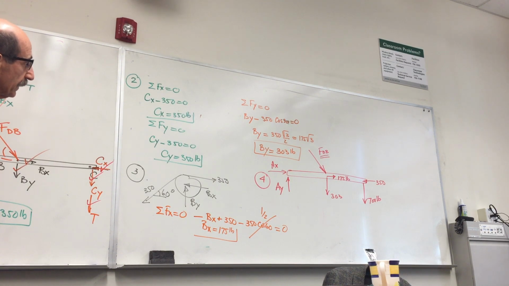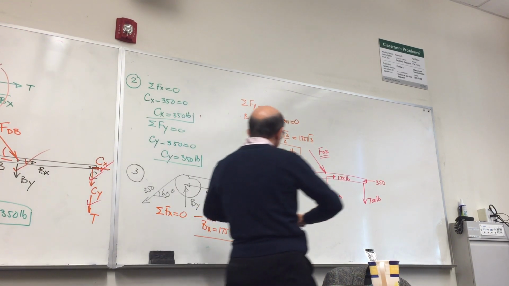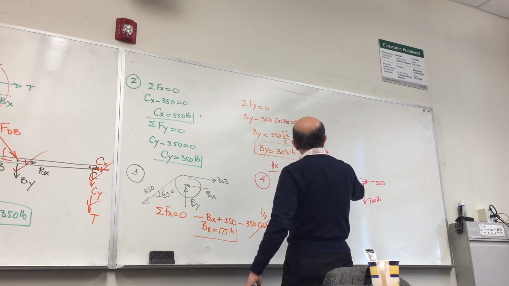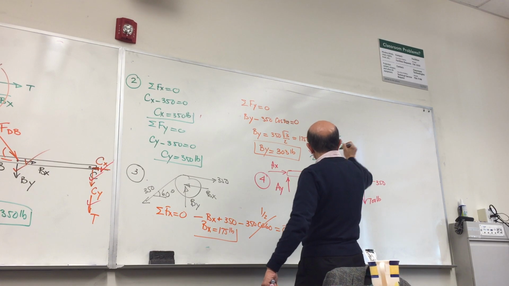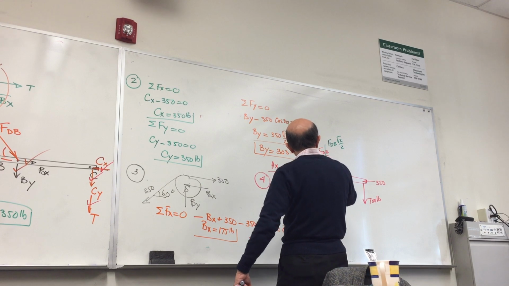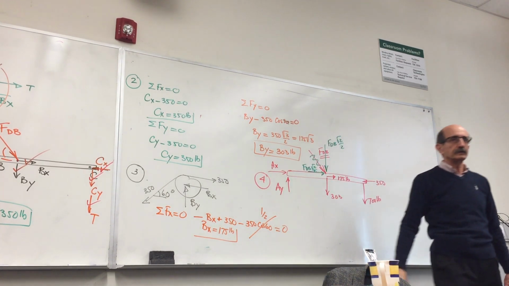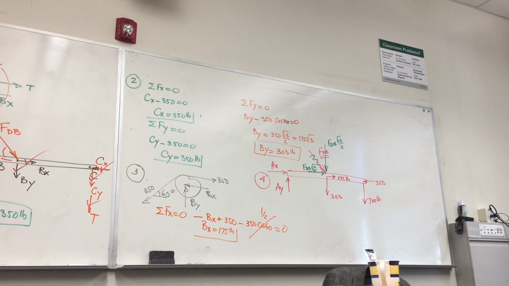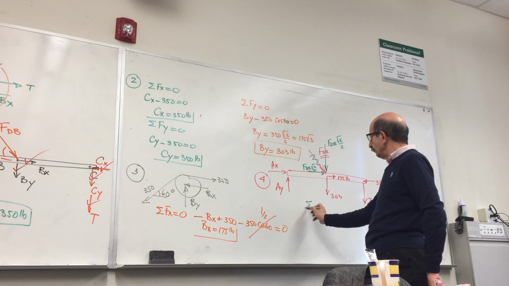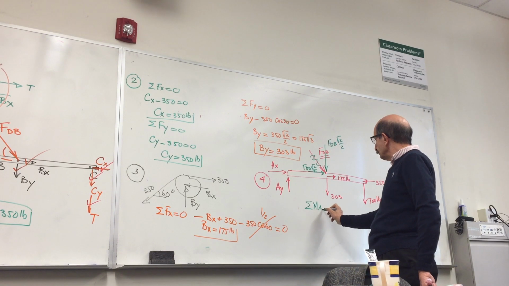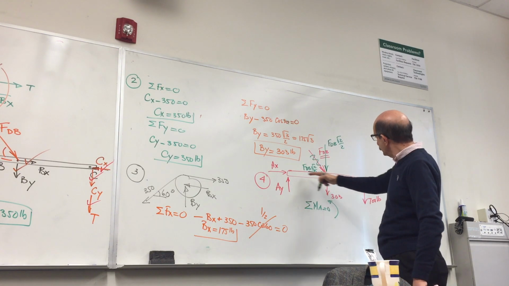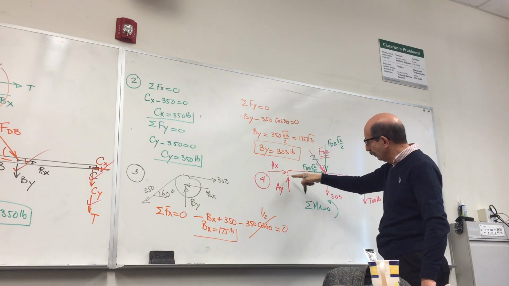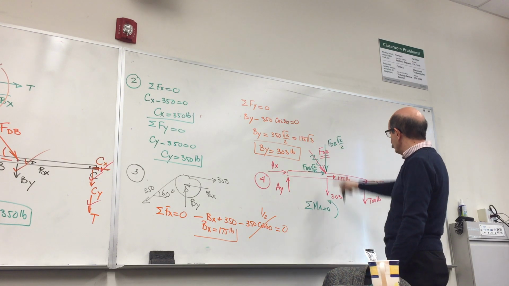So from that, easily I can take summation of moments. Of course, first things first, resolve these into components. This would be FDB square root 2 over 2, FDB square root 2 over 2, cosine of 45 degrees. So if you do that, you just take summation of moments about A is equal to 0, right? These two all go through that, so you only end up with one unknown.